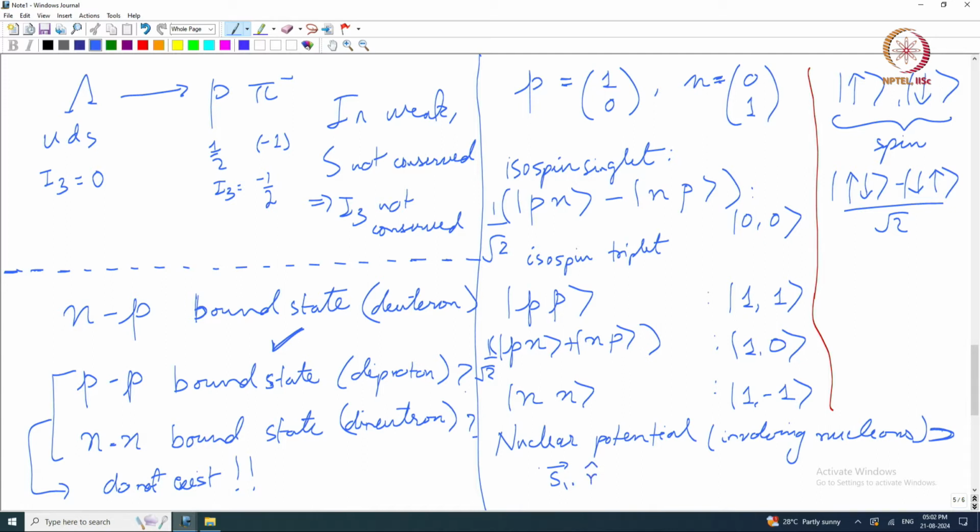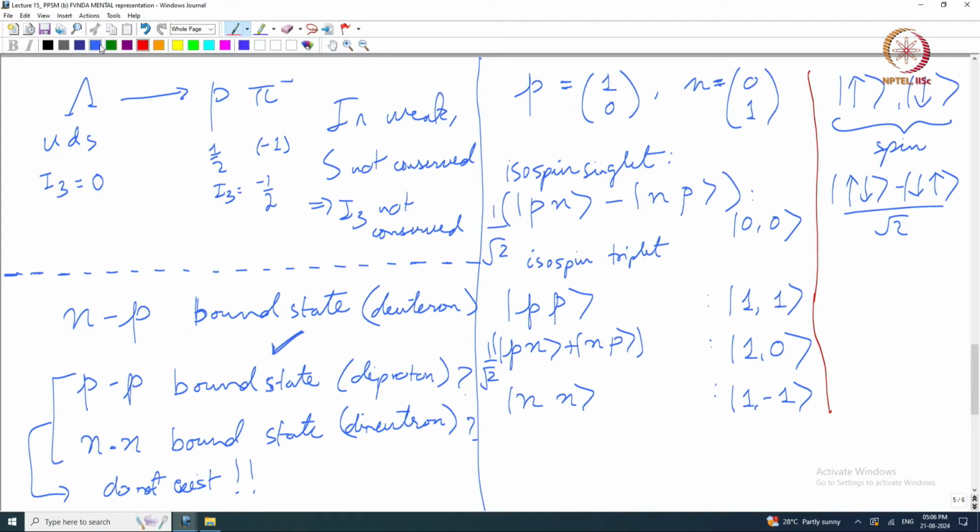A potential term involving two nucleons would look like this: there is an S1 dot R, S2 dot R. To understand what even a bound state is, we have to go back and remember that. So, what is a bound state?